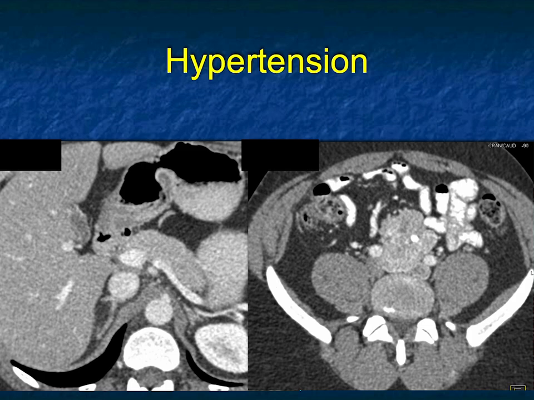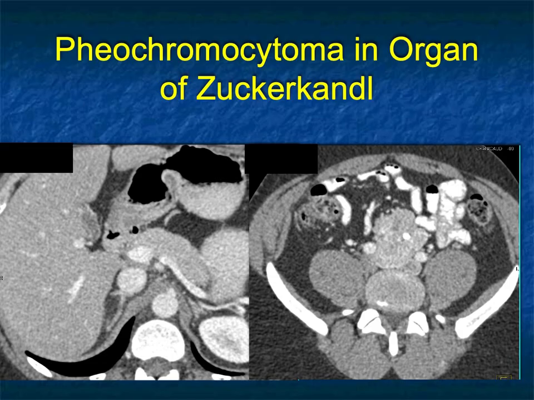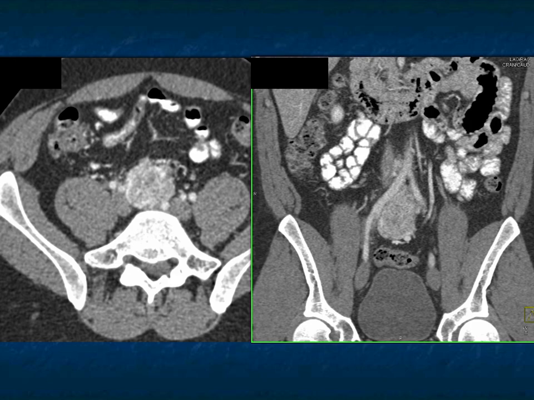So this is a mass, it's vascular, and so when you ask me the question of diagnosis, I'm saying a pheochromocytoma at the organ of Zuckerkandl, which indeed this was. Beautiful example. Here's a few more images right by the aortic bifurcation, a very classic location.